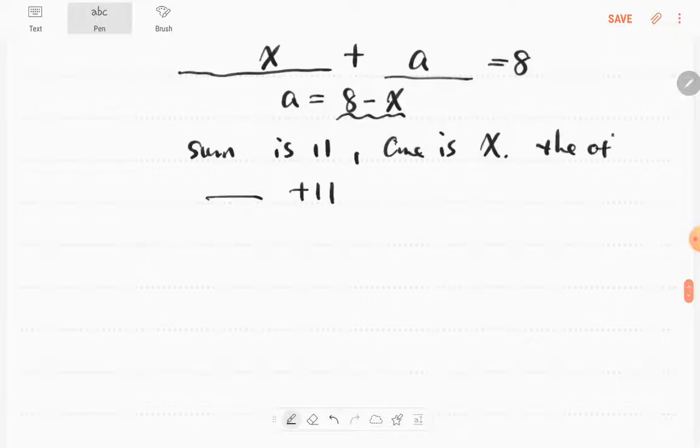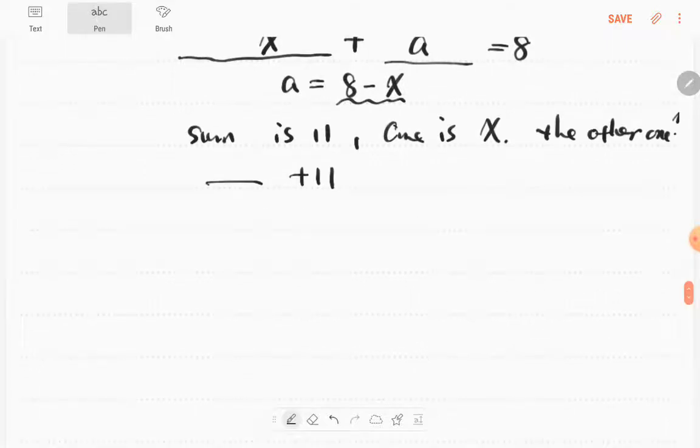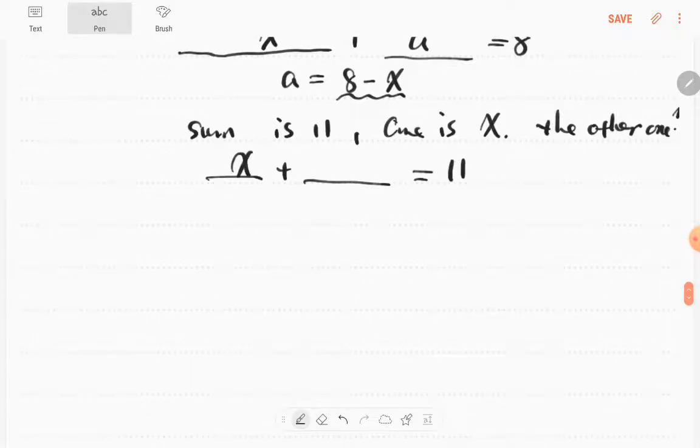We want to know the other one, right? So the sum of two numbers is 11, and one is x.